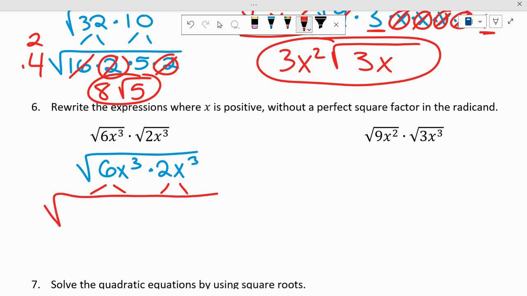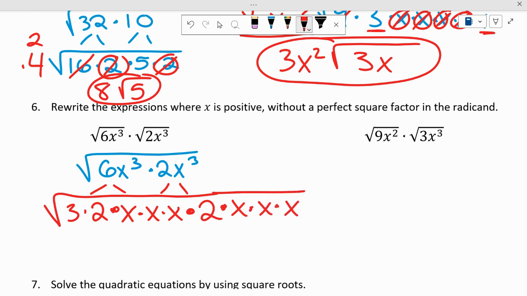What are two numbers that multiply to 6? 3 times 2. X to the 3rd is x times x times x. 2 is already simplified. I don't have to separate the 2 to anything. And then it has 3 more x's attached. Alright, I have a pair of 2's. So I'm going to take out a 2.